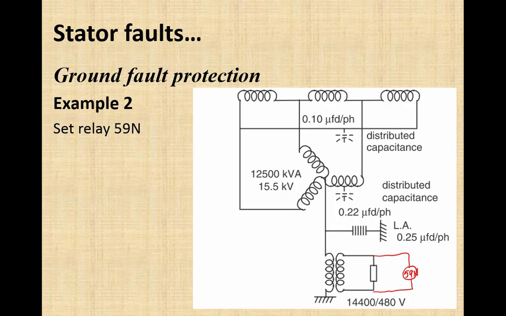And the stray capacitance of the lightning arrestor that has been installed, its location is incorrect. That would be on the terminal of this generator, but as this diagram has been taken from your textbook and by mistake it has been shown over there, this stray capacitance is given as 0.25 microfarad per phase. So there will be three lightning arrestors in three phases and the location will be between generator and transformer.